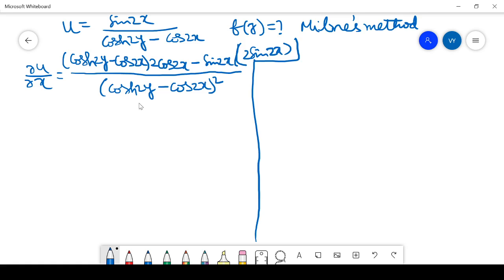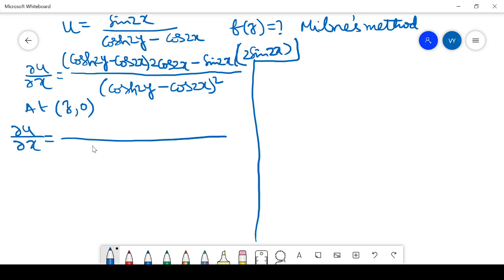Now I have to substitute x is equal to z and y is equal to 0. So ∂u/∂x will be, in the denominator, 1 minus cos 2z the whole square. This will be very simple.